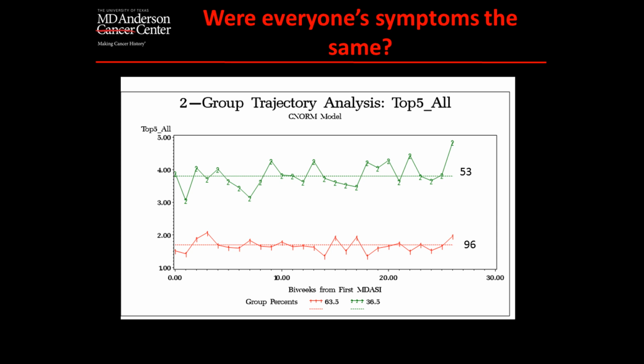It was making a difference in their lives, and they were having it consistently across the whole year. So it wasn't like they had it for a little while and it went away. These people were having a lot of symptoms pretty consistently. So these are the group that we really are concerned about, that we would really like to be able to do something about.